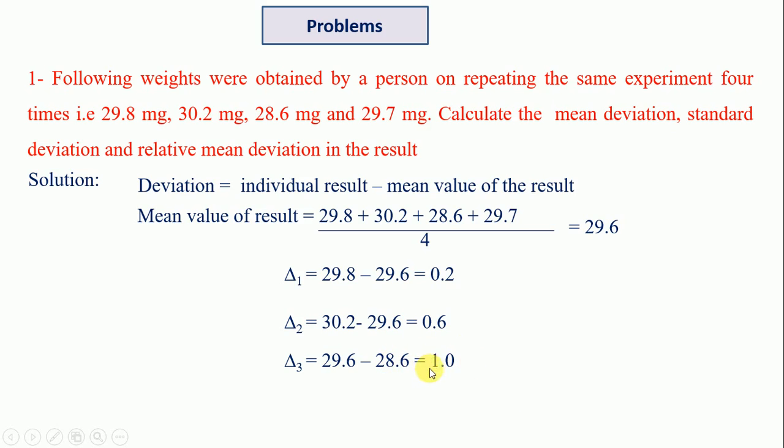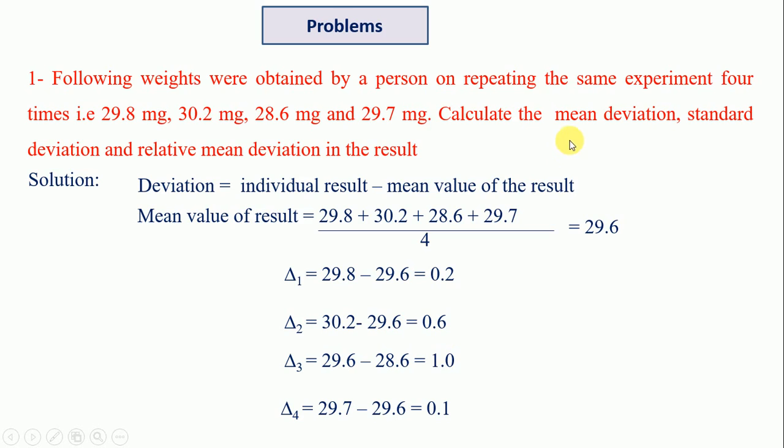So the answer is 1.0. Then delta 4 is equal to 29.7 minus 29.6, which is equal to 0.1. In this way we have calculated delta 1, delta 2, delta 3 and delta 4. These are called deviations.